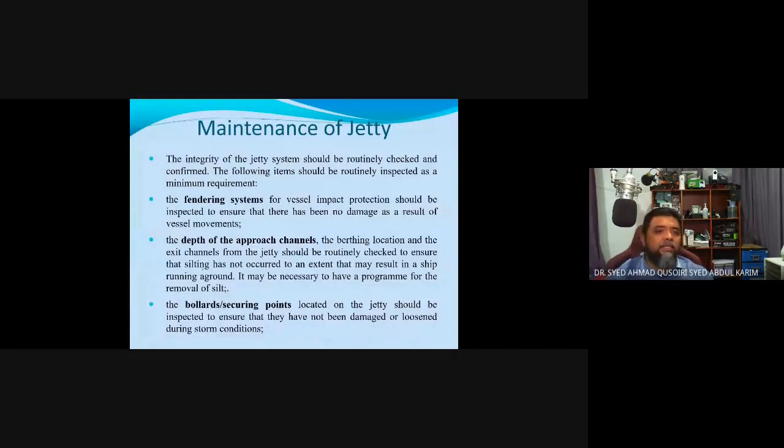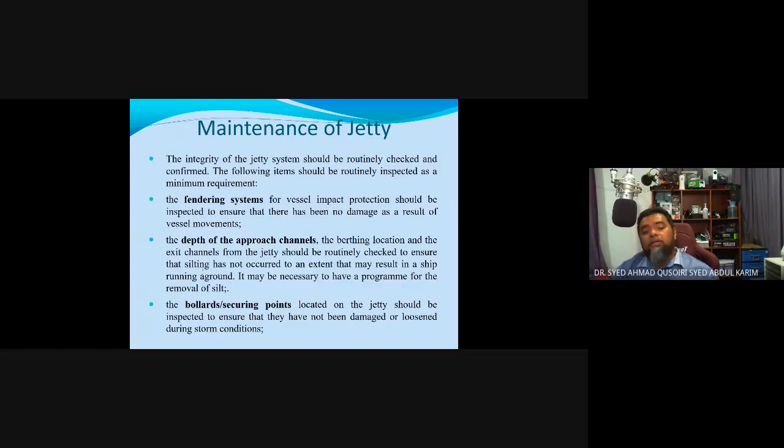To maintain the jetty, it needs to be checked. The fendering system needs to be checked after berthing to ensure there's no damage. The depth of the approach channel, berthing location, and exit channel should be checked so that we will not have the problem of vessels getting stuck in the mud or running aground.